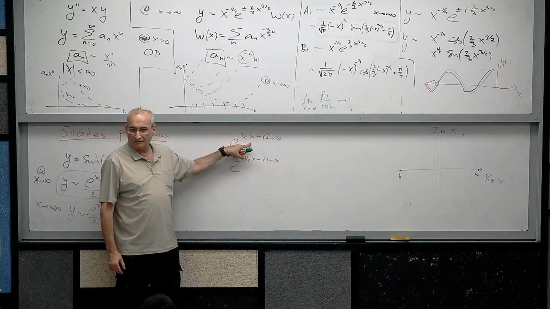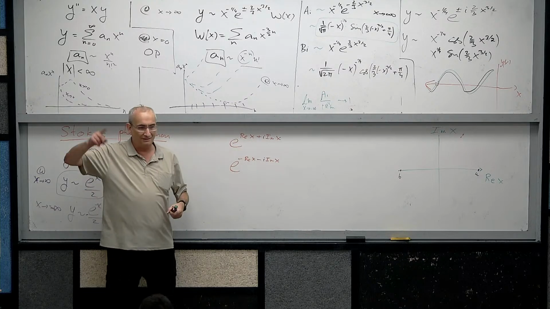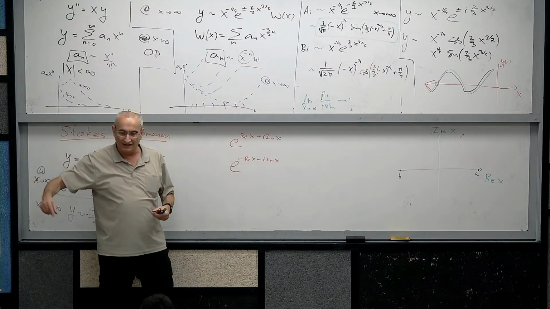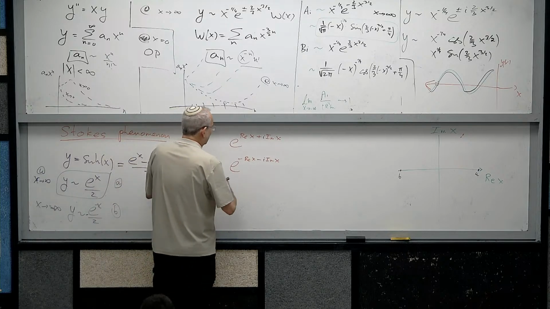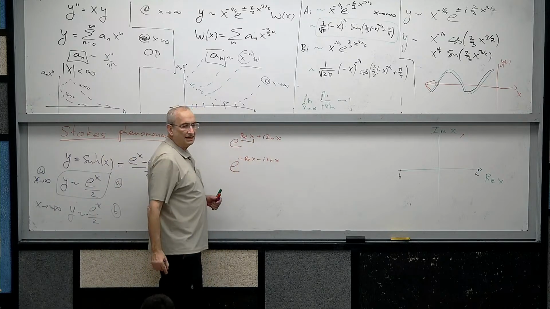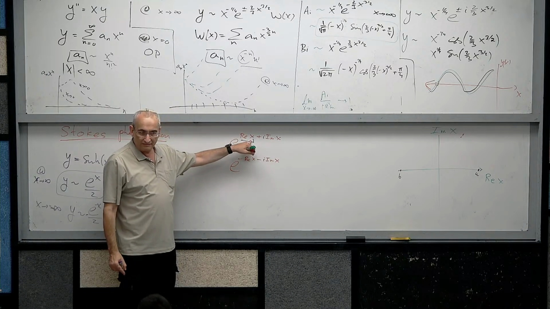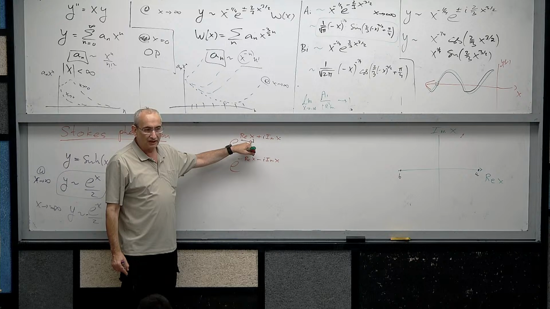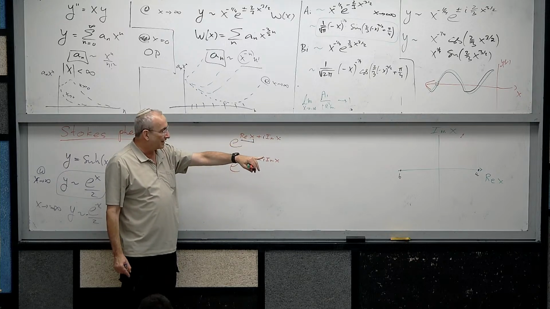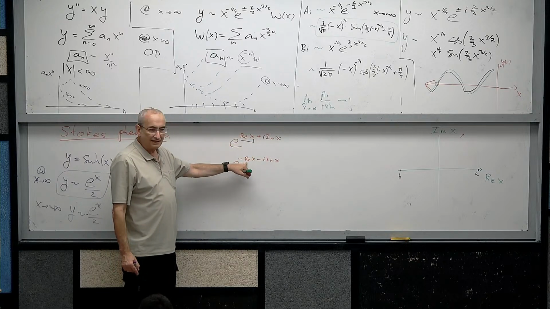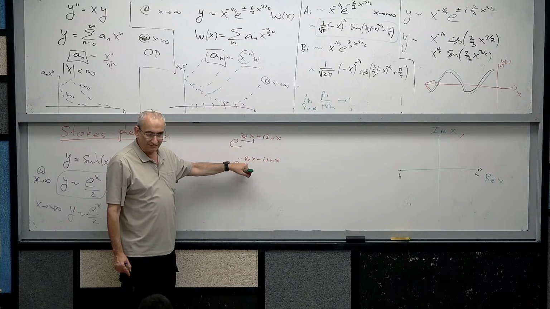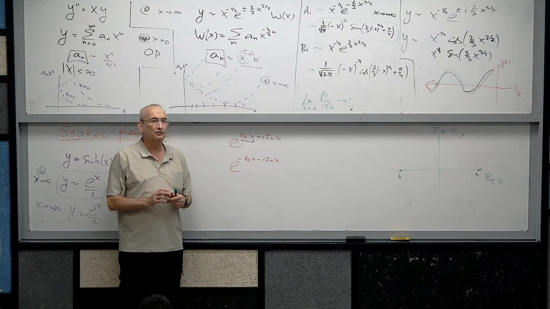The real. Right? The imaginary part only gave us oscillations. What's important is the real. So as long as real x is positive, I should take A. If real x is negative, I should take B. What's the other option?